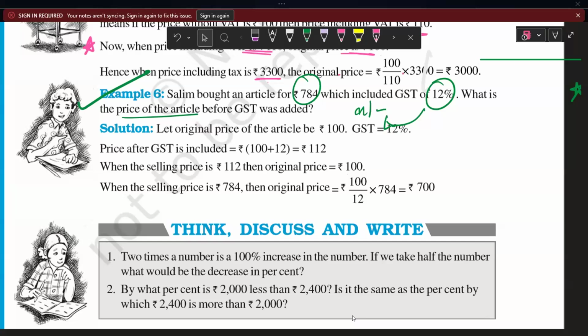Yes, student completed. Yes, ma'am. But ma'am, why are we considering the original price of the article to be rupees 100 when it's considered as X? You want to do it by that method?